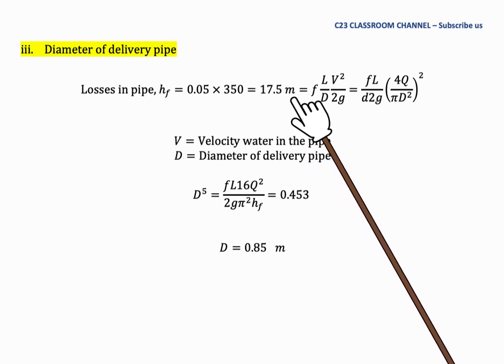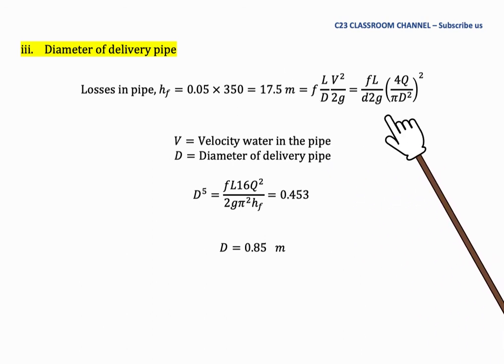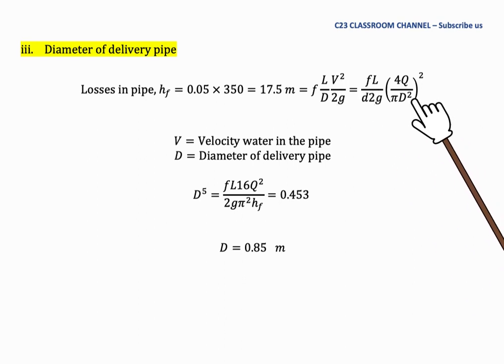So we equate the value of this to the equation of major loss. Because we don't know the value of velocity inside the delivery pipe, we substitute the value of velocity here with terms of flow rate.